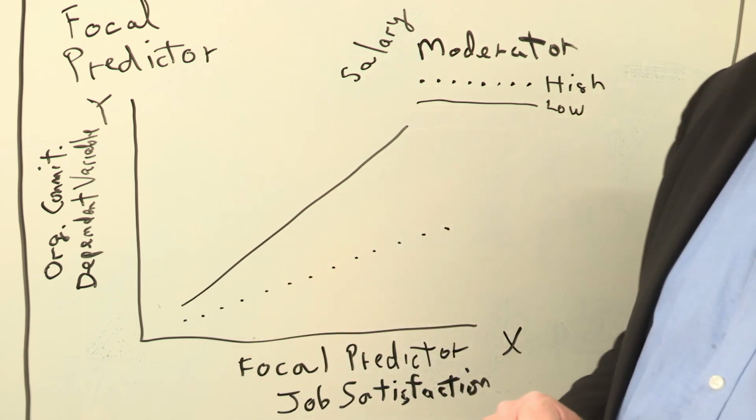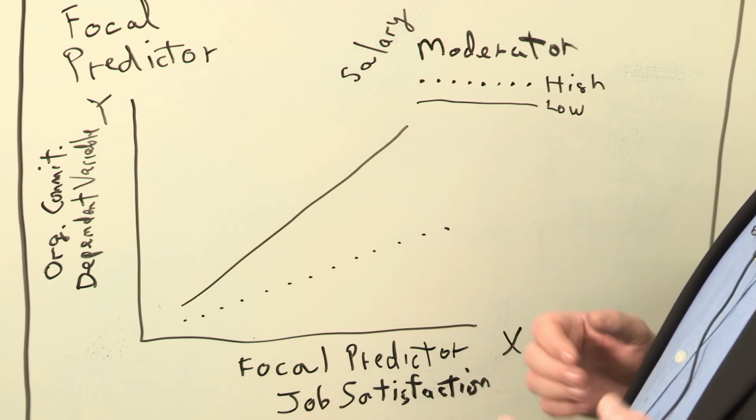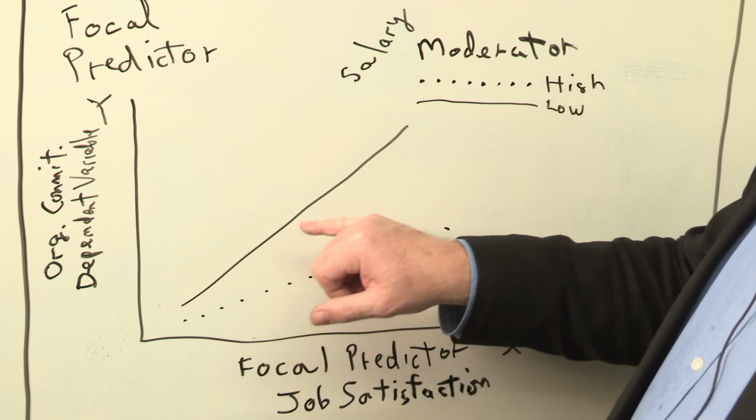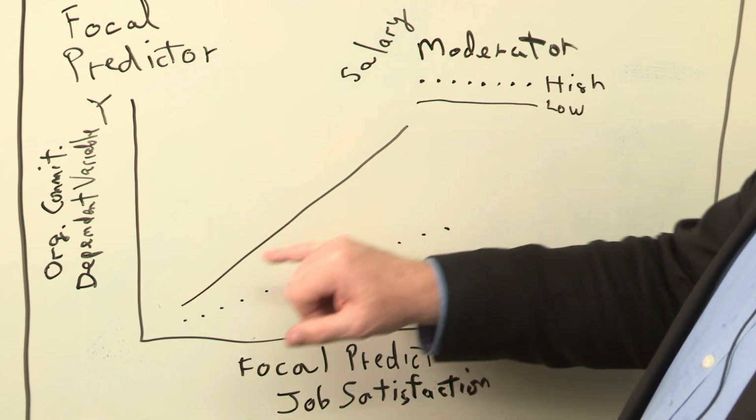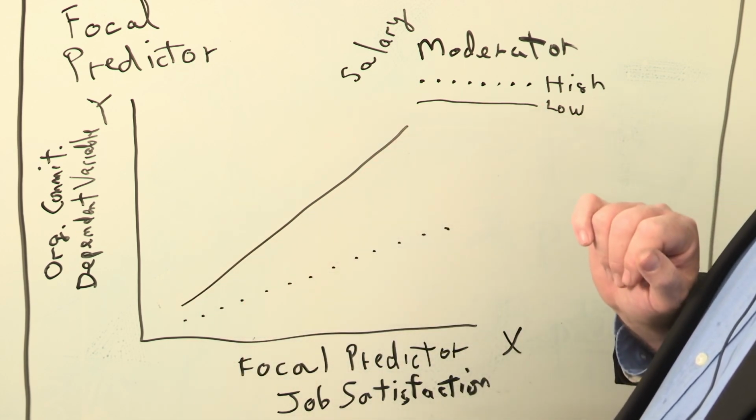It's a rather shallow slope. And among people at a low salary, the effect appears to be considerably stronger. We appear to have a considerably steeper slope here.